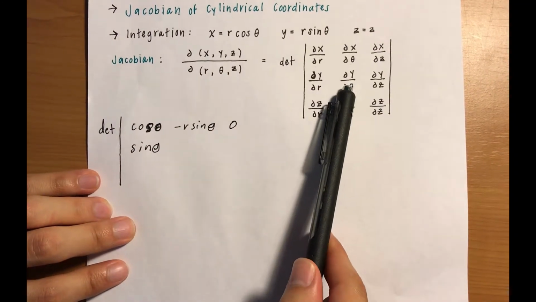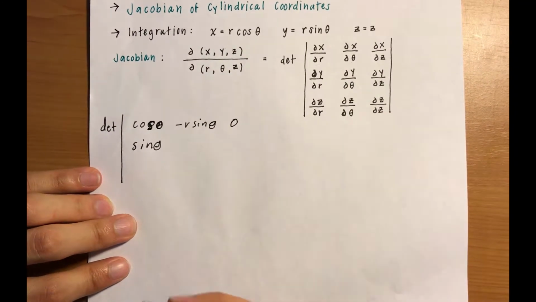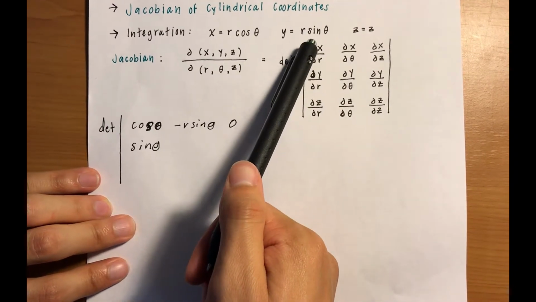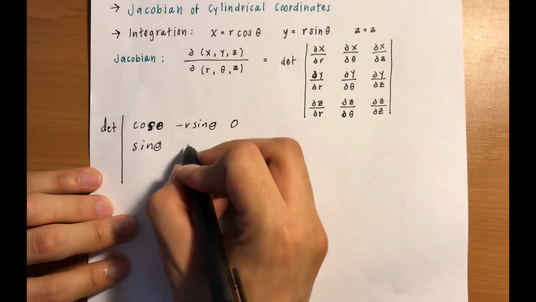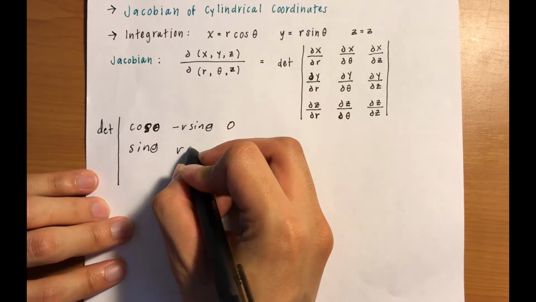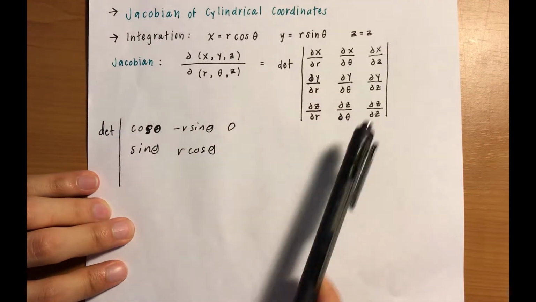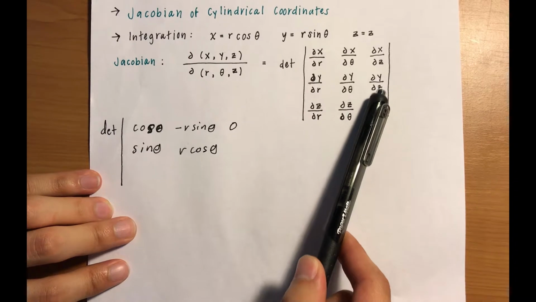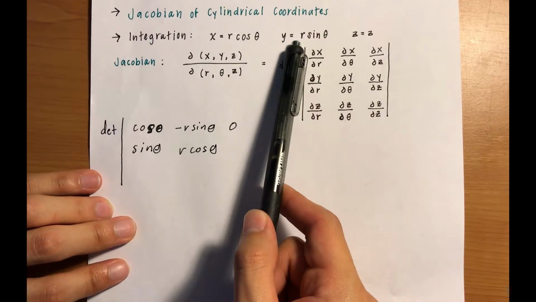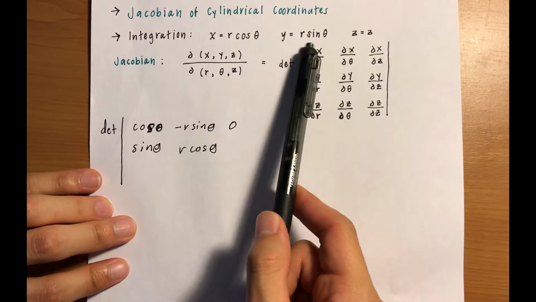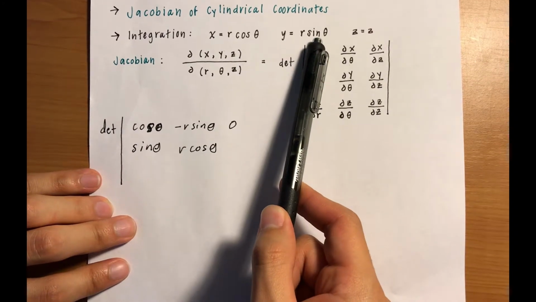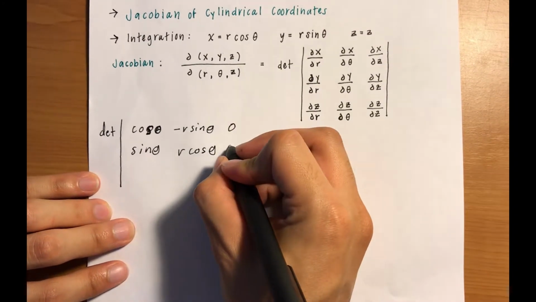And now the partial of y with respect to theta, the derivative of sine theta, so r cosine theta. And last but not least, with respect to z: there are no z variables in here, so r and theta are just constants, so this would be 0.